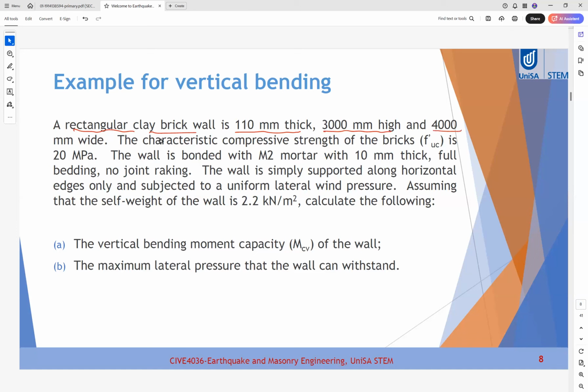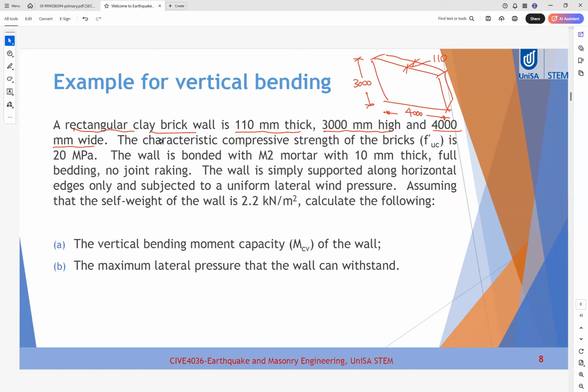The width of the wall is 4000 millimeter. So if we put the dimensions here, this is our wall, with thickness 110, height 3000, and width 4000.